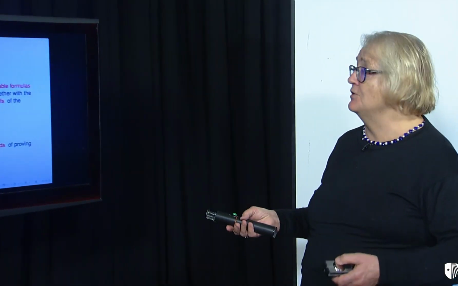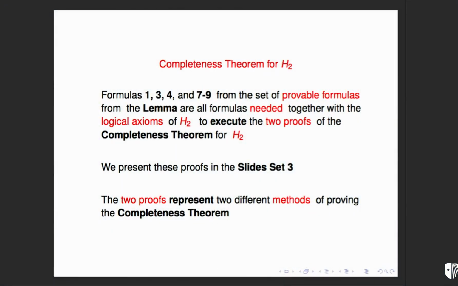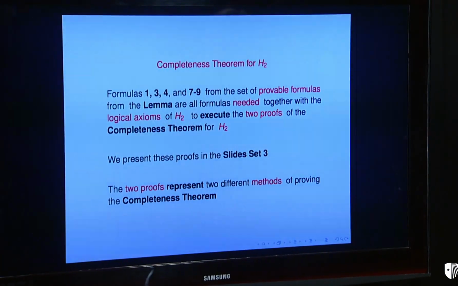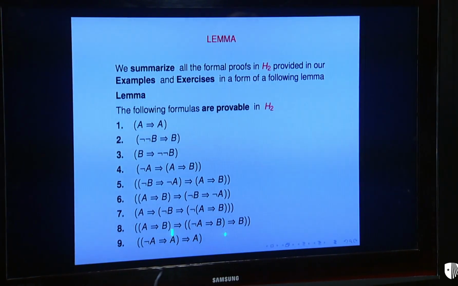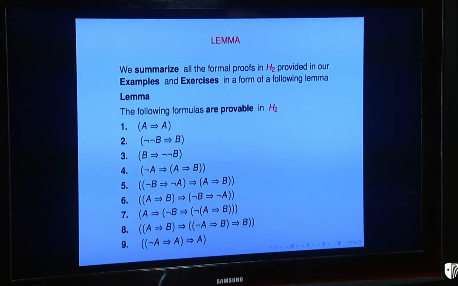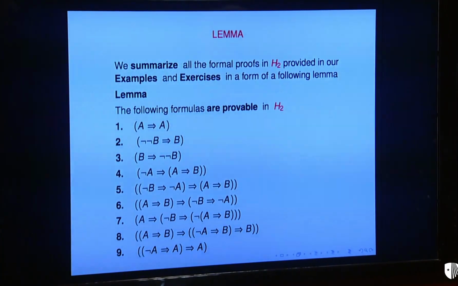So the completeness theorem already uses previously proved tautologies. And of course, you can see which one you need for proof 1 and which one you need for proof 2. So it was very important to have a proof of everything we need for the proofs of the completeness theorem.